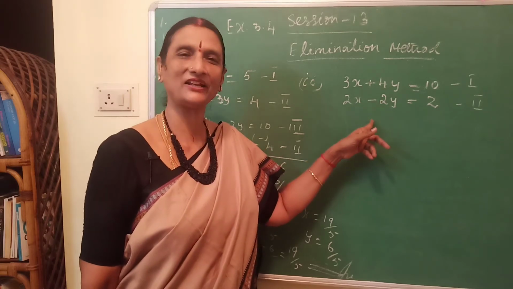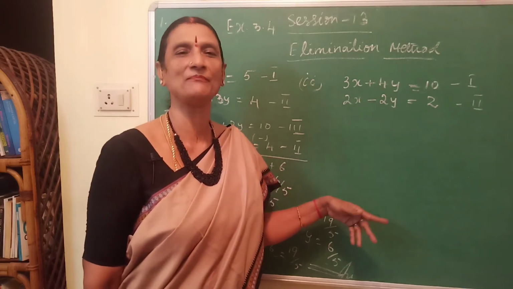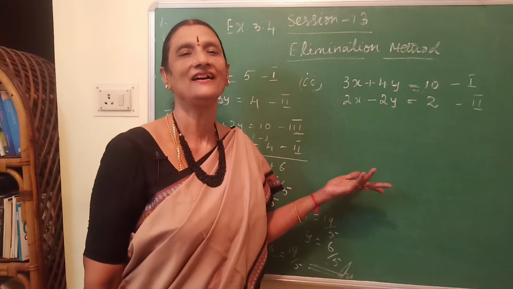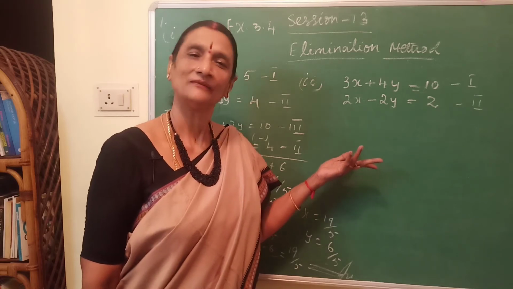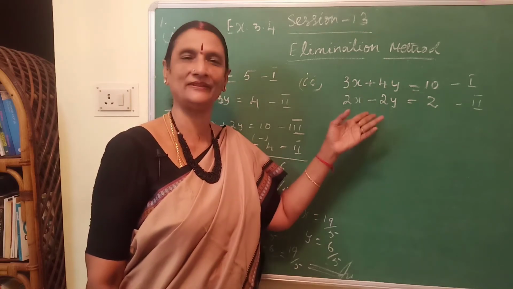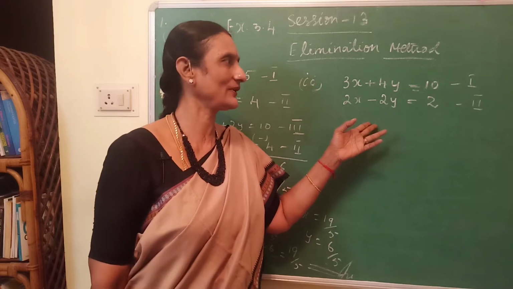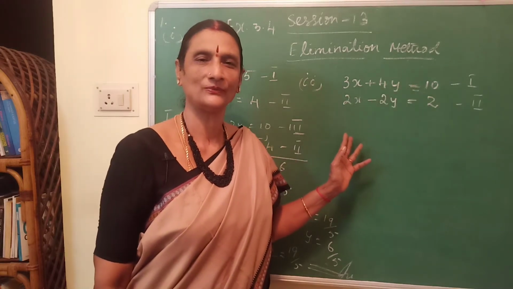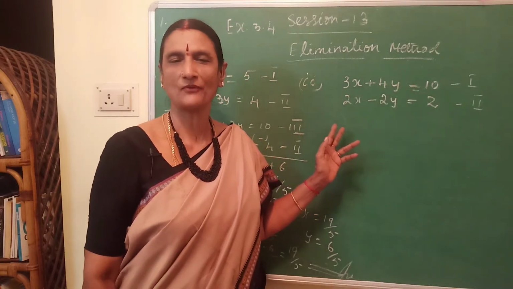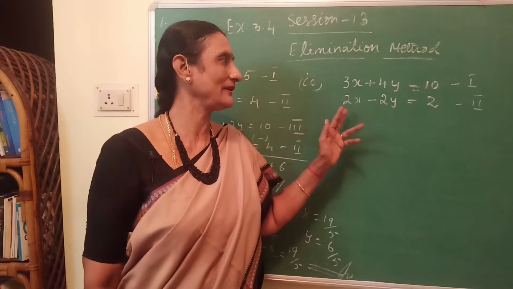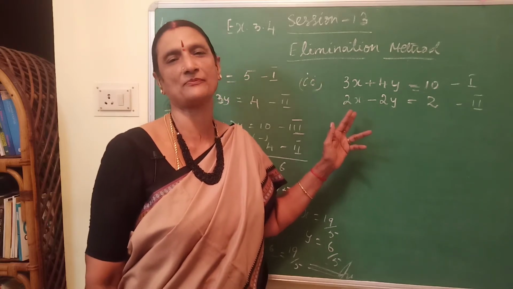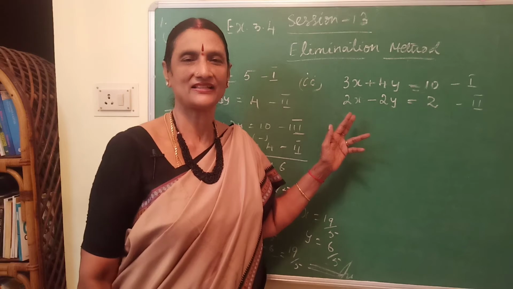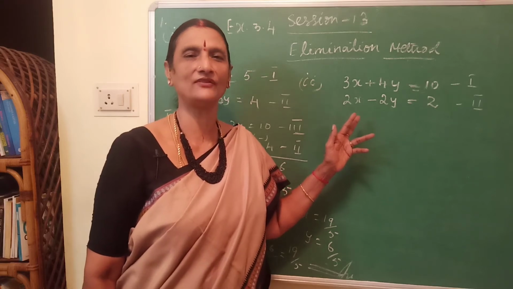But in the second equation, it is plus and minus. Simply if I add, it will easily become 0. These terms will get cancelled. So what am I going to do? Some of you are saying that removing y is the best option. Yes, I will go by that.